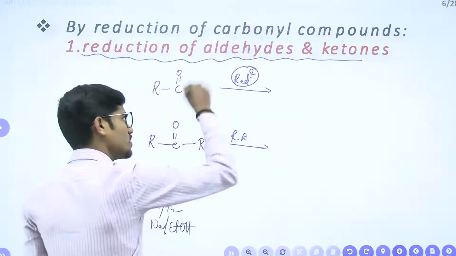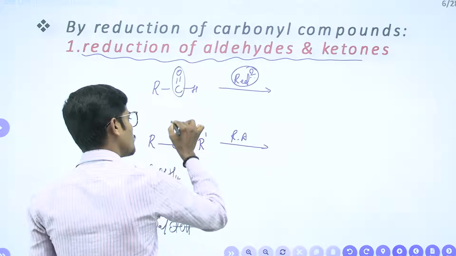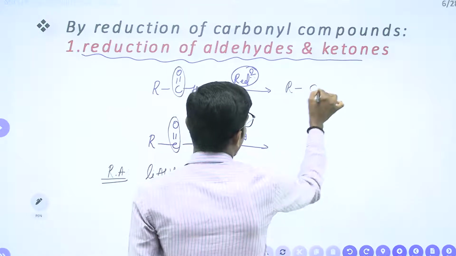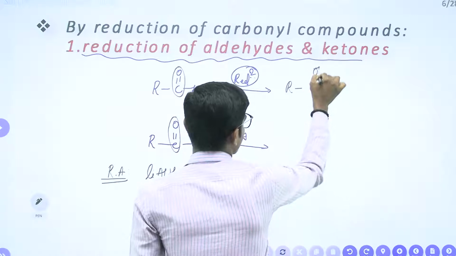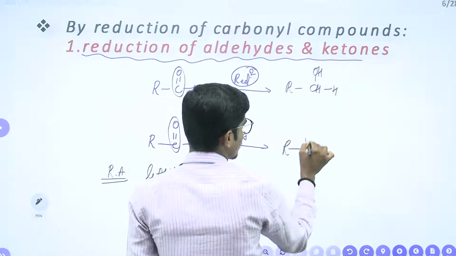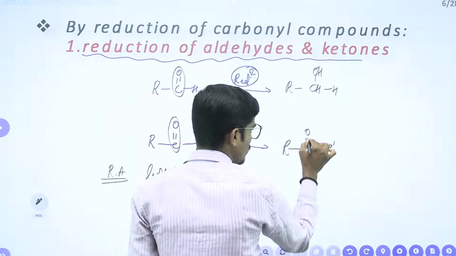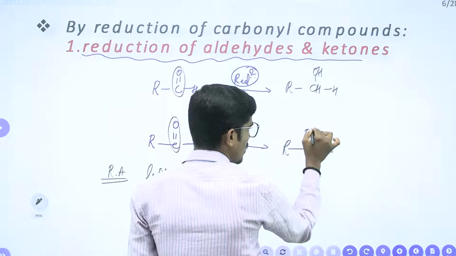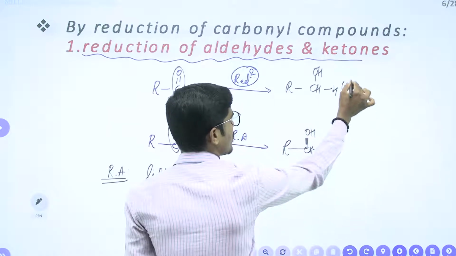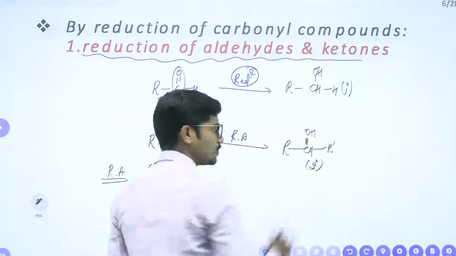ketones. In these reactions, the carbonyl group C=O is converted into CHOH. Here also, the carbonyl group of the ketone is converted into CH single bond OH. So this is a primary alcohol and this is a secondary alcohol.